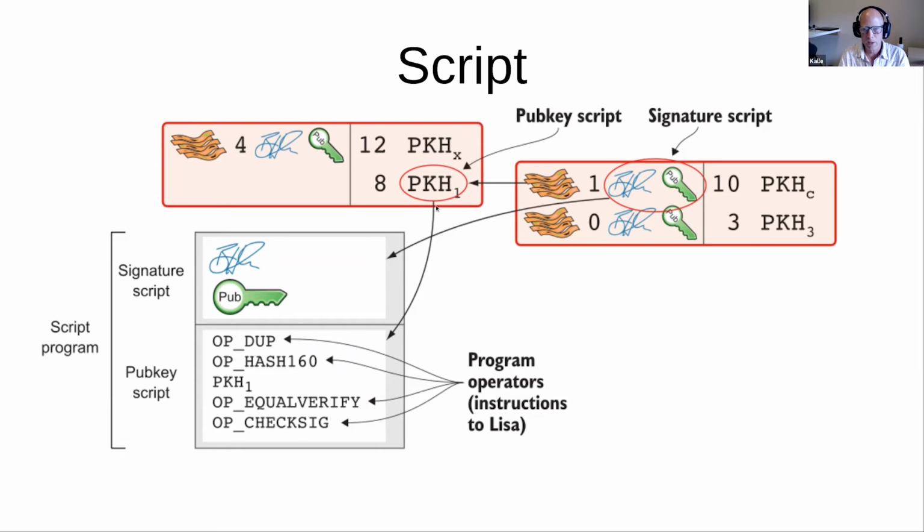So we'll see in detail. If we zoom in on this output here, we can see that it's a small program that starts with OP_DUP, OP_HASH160, pkh1, which is the actual public key hash. And then you have OP_EQUALVERIFY and OP_CHECKSIG. So these are instructions to Lisa for how to verify the spending of this output. And if we zoom in on the signature script, it's just as it's written here.